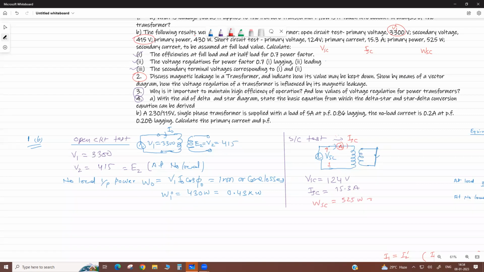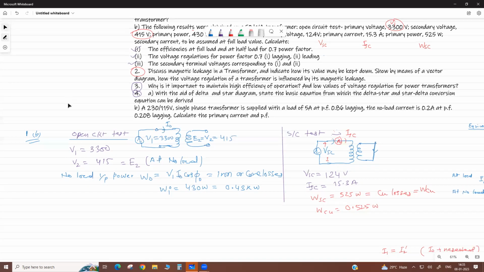The power input to the transformer is considered as the total copper loss. It is denoted by copper loss, and this copper loss in kilowatt is 525 watt.